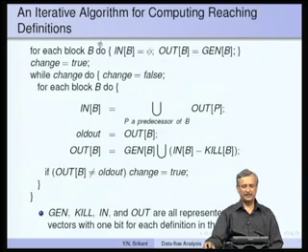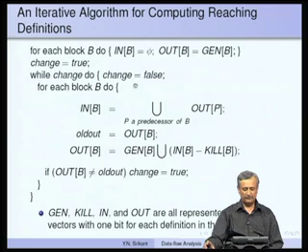Now, this is the iterative algorithm for computing reaching definitions. This is what I was saying. You have initialization: in B equal to phi, out B equal to gen B, then change is set to true, and you go on until change remains false. Okay.